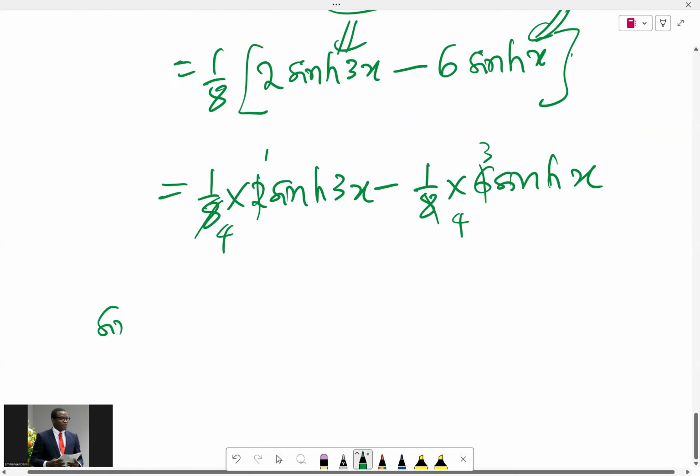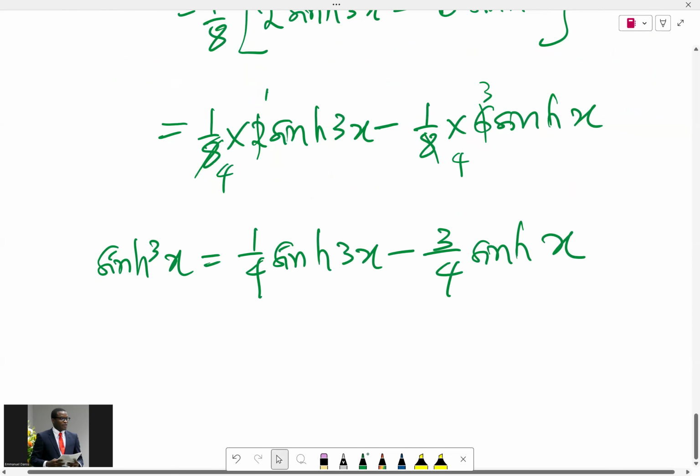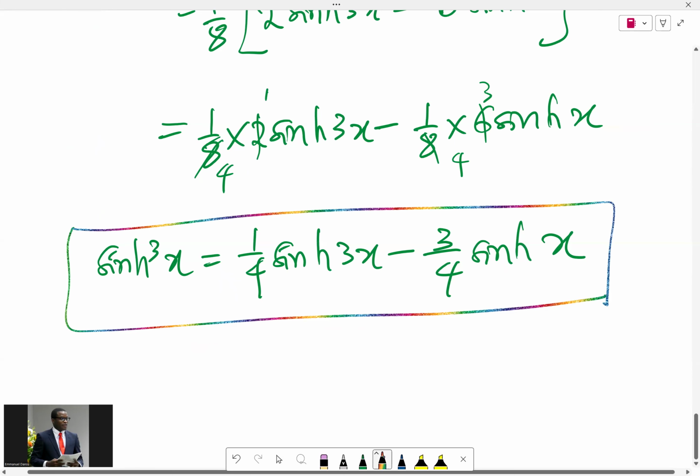So it means that sine cube x is equal to 1 over 4 sine 3x minus 3 over 4 sine x. So on this note, we can say we have got our result that sine cube x in terms of sine x is actually 1 over 4 sine 3x minus 3 over 4 sine x. So that's how it goes.